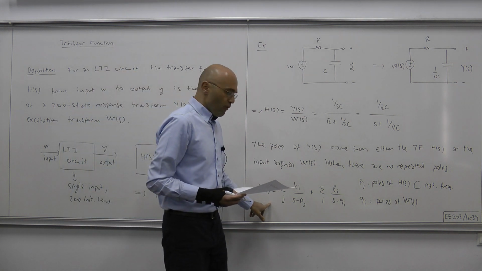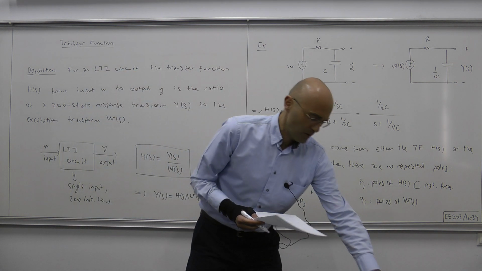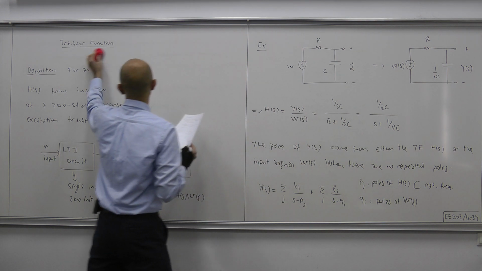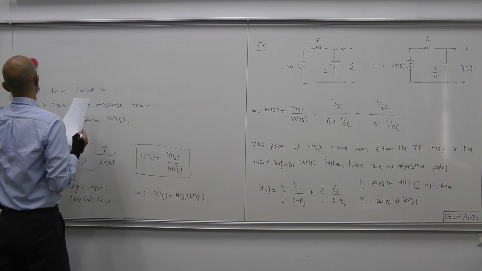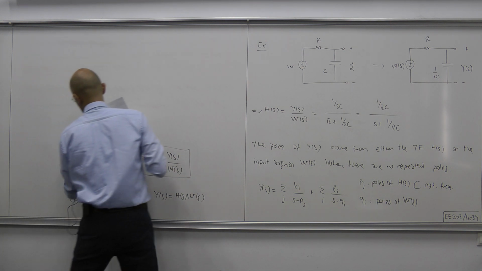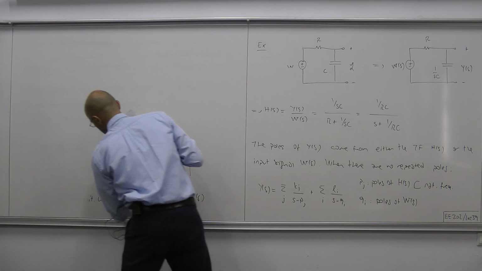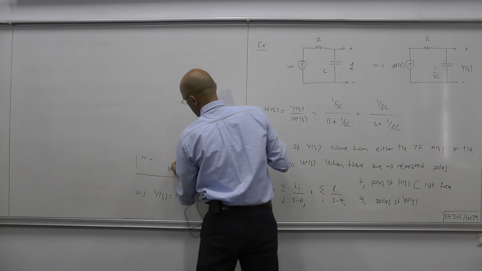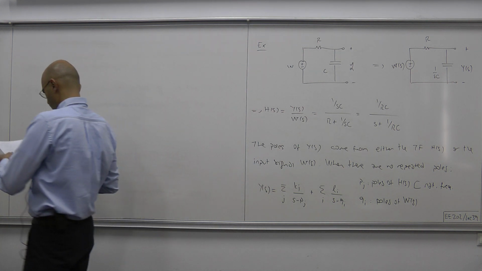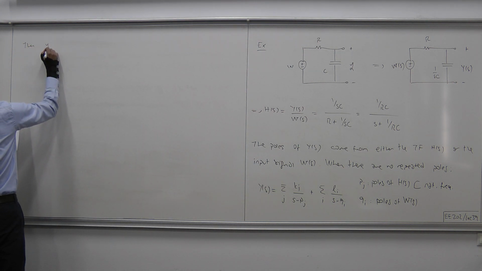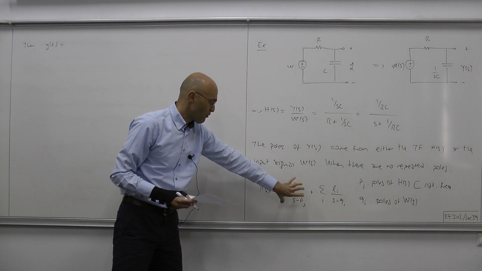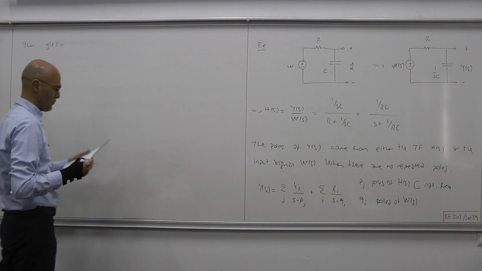For Y of S written in this form, we can easily write down the form of Y of t. Let's do that. Then we can write Y of t as the inverse Laplace transform of that summation plus the inverse Laplace transform of that summation.